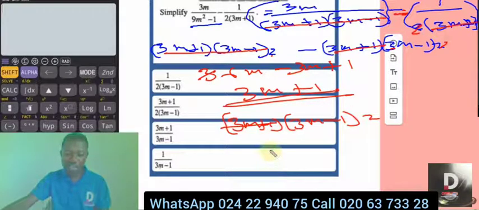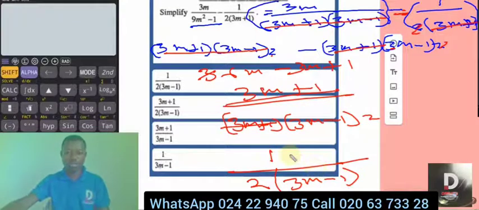So our final answer is 1 over 2 into bracket 3m minus 1. I can choose to bring the 2 here. You agree? This is how simple it is. So whenever you have a work like this, to get the LCM, just expand any factorization work there. It will tell you which one you should use as LCM. Then you can finish. So where is the answer? The answer is A. A is the correct answer. Alright.